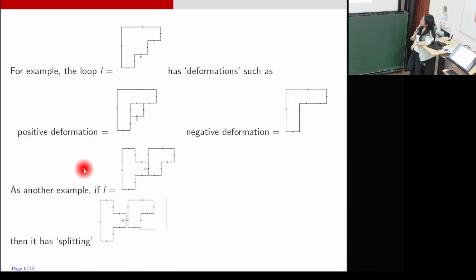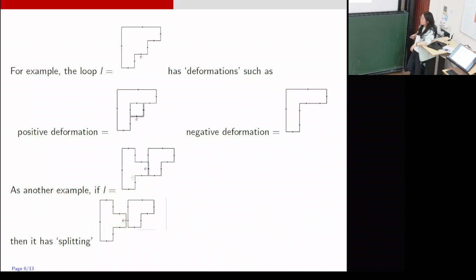And another example is called splitting. The splitting part is for the interaction of a more complicated loop. We have a loop written in the following way. We first go along this way, we go along this E twice here. And splitting just means we split this complicated loop into two simple loops.